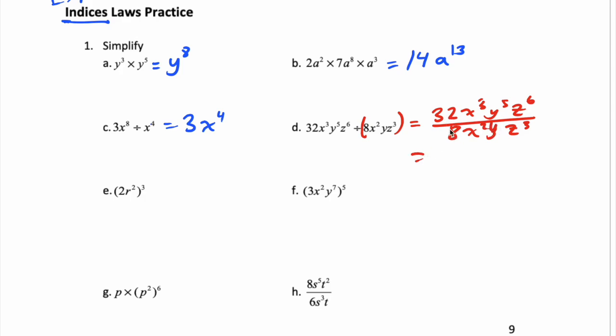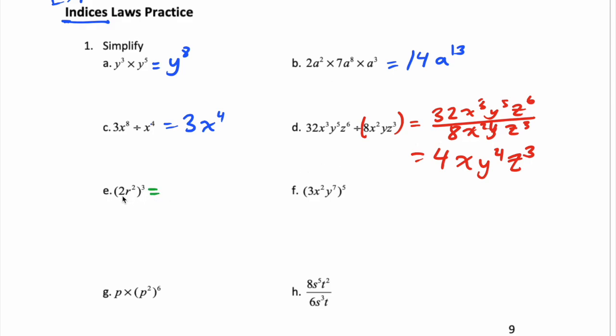Then for numbers, just do some regular dividing here. That's 4. And for x, we're going to have x to the power of 1, because it's 3 minus 2. Y to the power of 4, z to the power of 3. Just subtract the exponents when you're dividing.